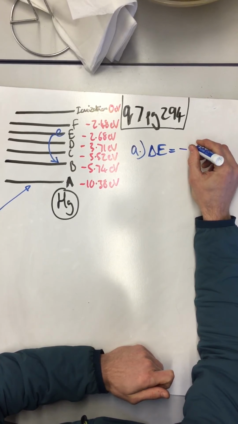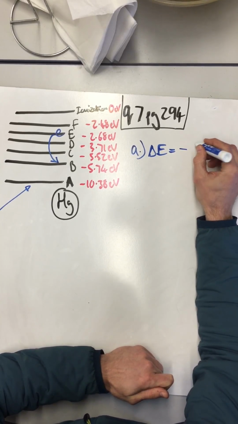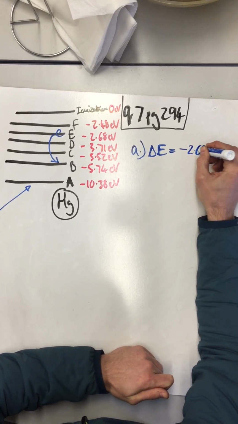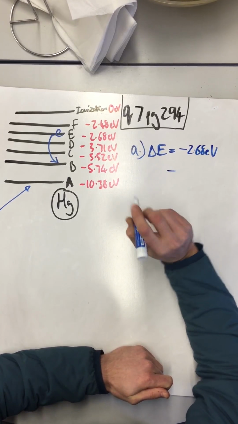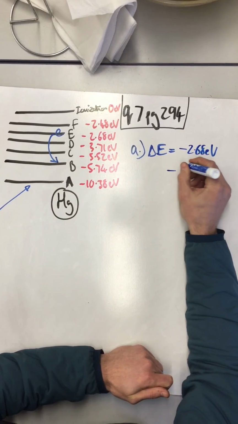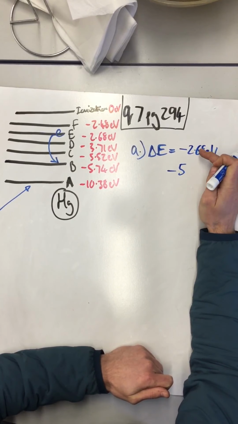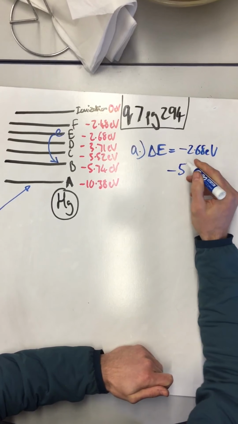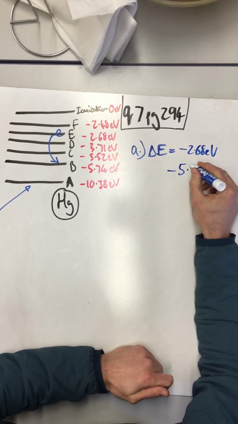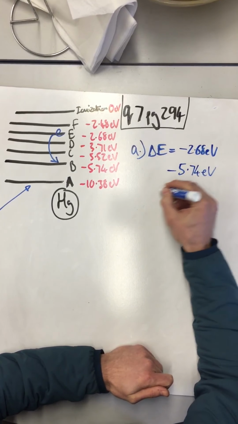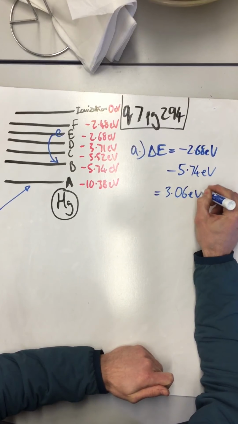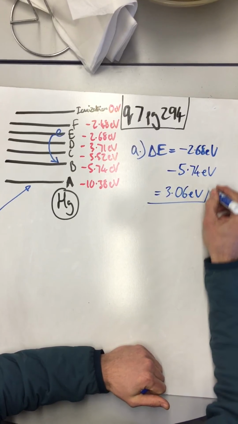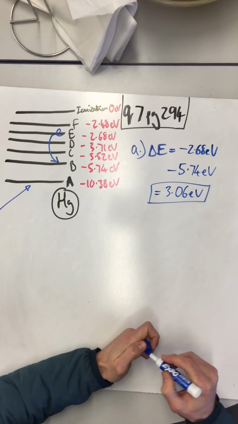I've got an initial energy of negative 2.68 electron volts, and I'm going to just subtract the new electron volt value from that. So I've got my initial energy minus my final energy, so minus negative 5.74. And that gives me a change in energy of 3.06 electron volts. Okay, so that's it. That's going to be the energy of the photon.